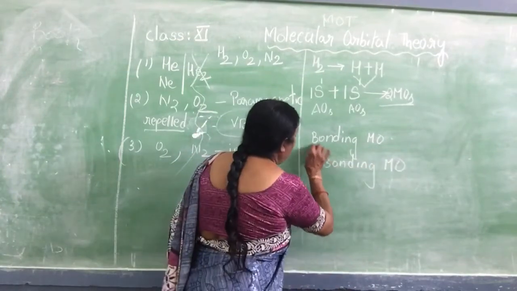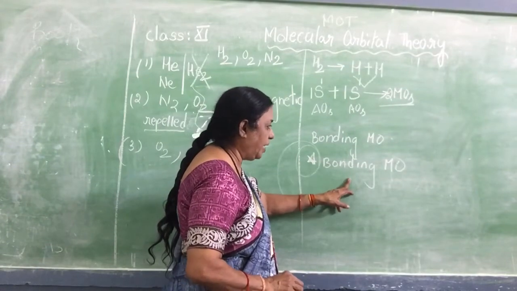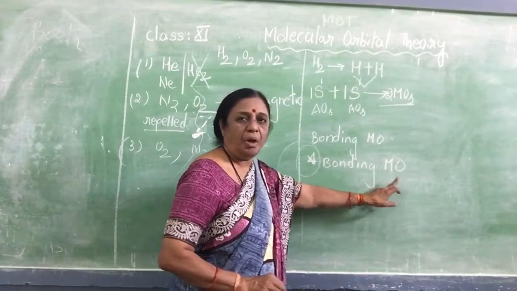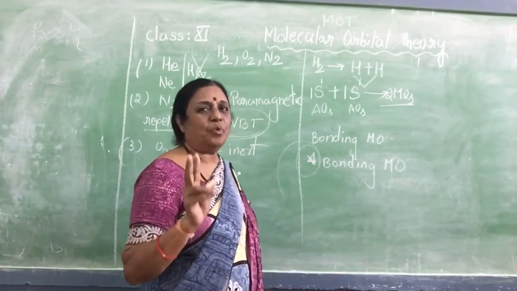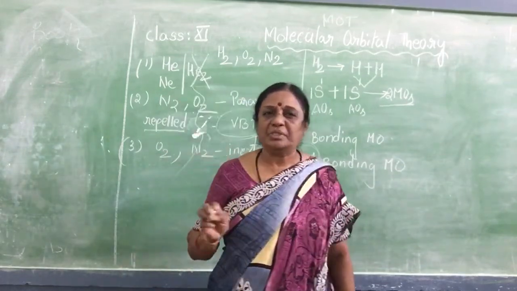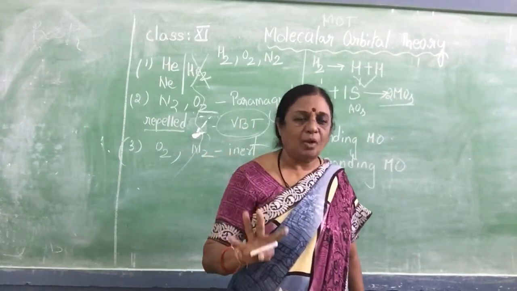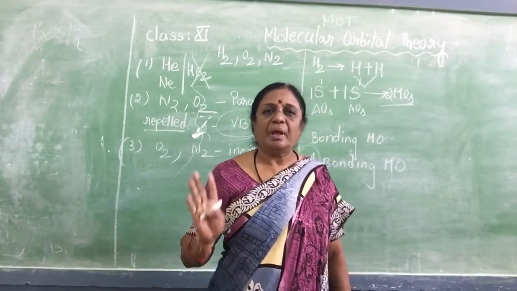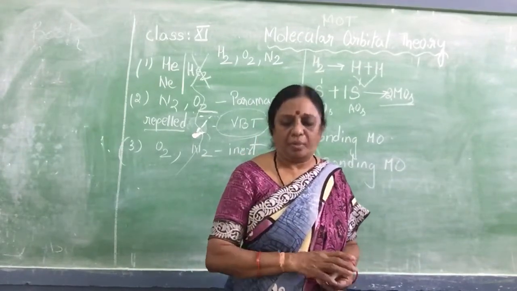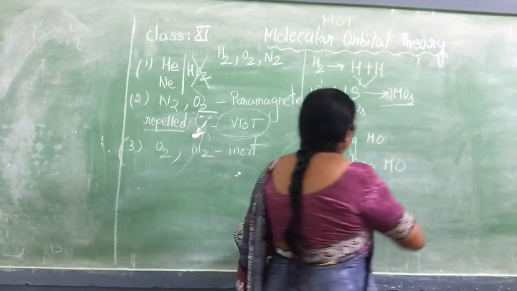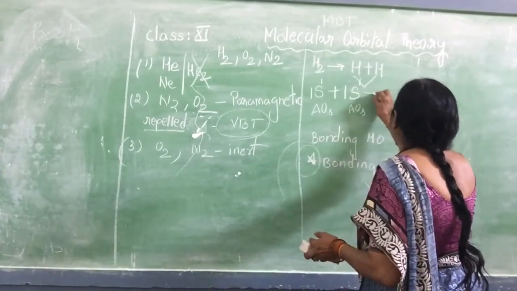The star is pronounced here as anti-bonding molecular orbital. Is it clear, children? So if three AOs are there, three MOs will be formed. Four atomic orbitals combine together to form four molecular orbitals.